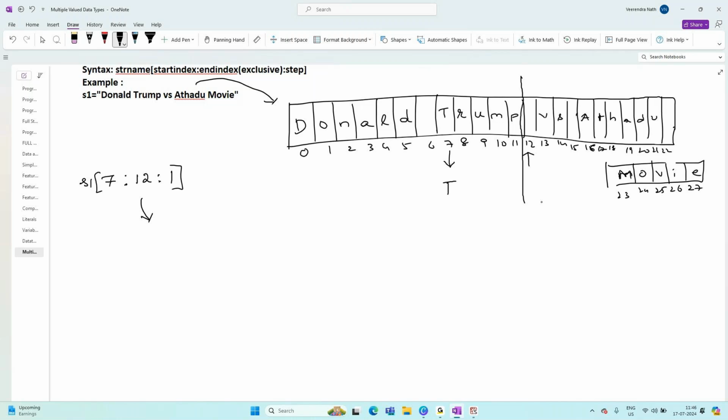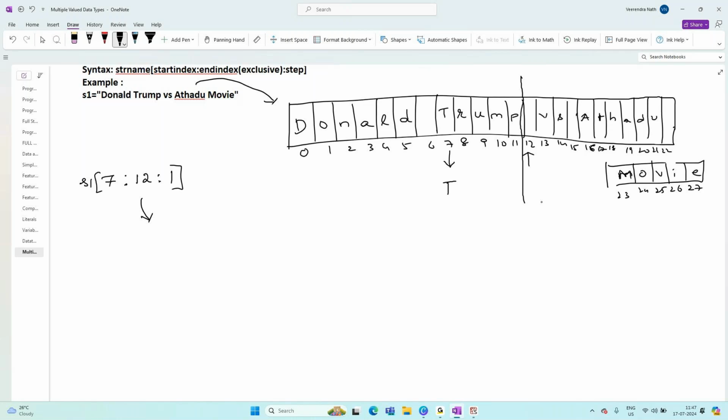Like the video cutting you do nowadays, it is the same. I don't want that part. I want only before 12. That is why I said exclusive. Hope you are understanding my point. So 12 is not included, 12 is excluded.